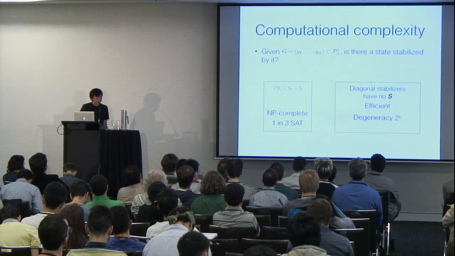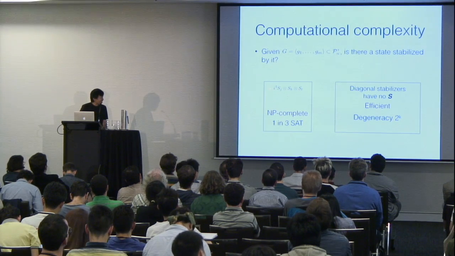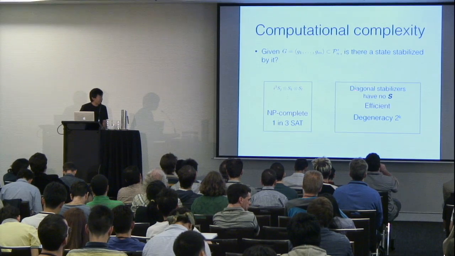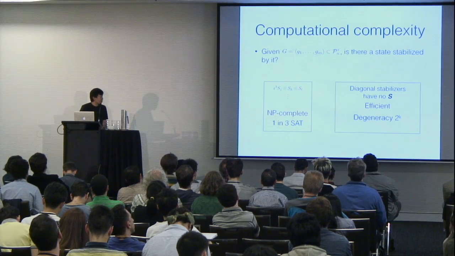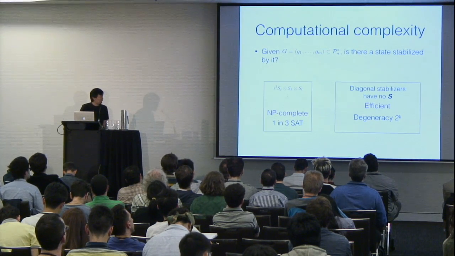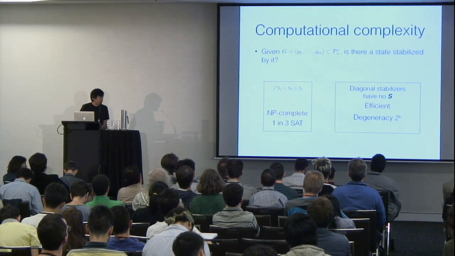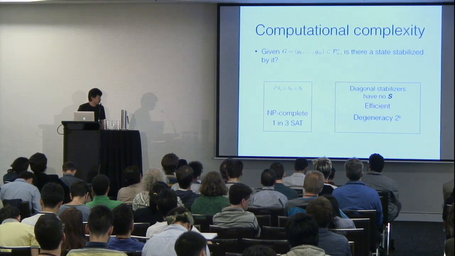But there's a subclass. If we try to ignore this kind of case, if we restrict ourselves to the case that the diagonal stabilizers of the group have no S in them, then we can show that this problem becomes efficient, and we can actually compute the degeneracy efficiently, and it's always 2 to the k.